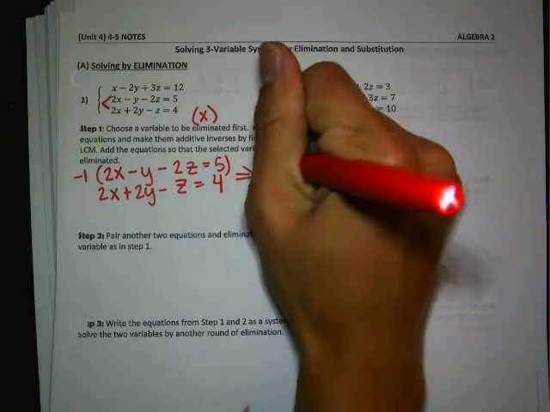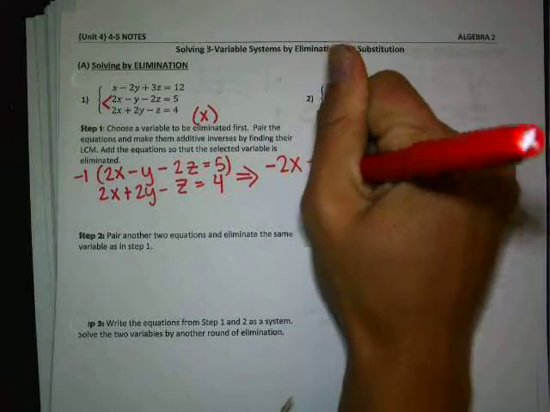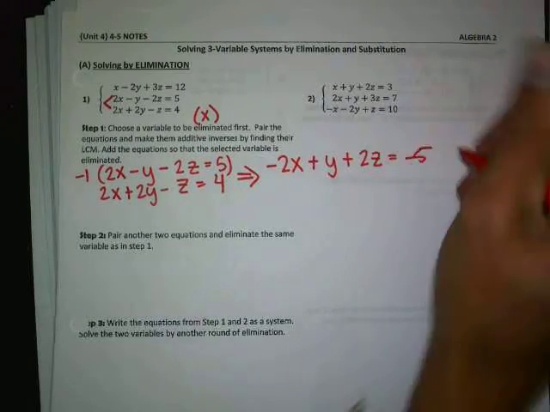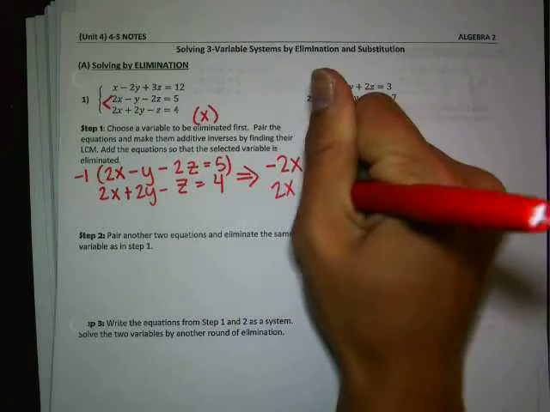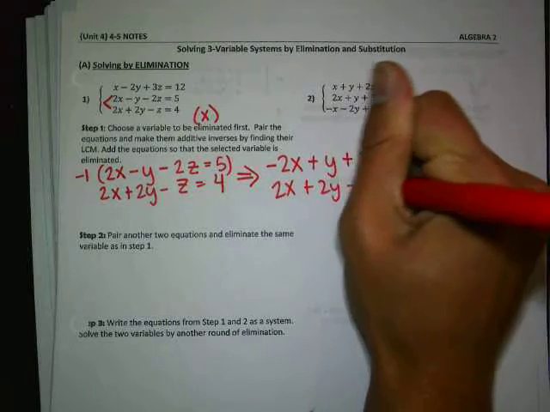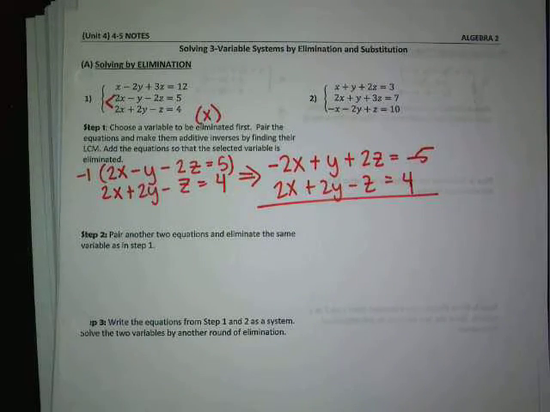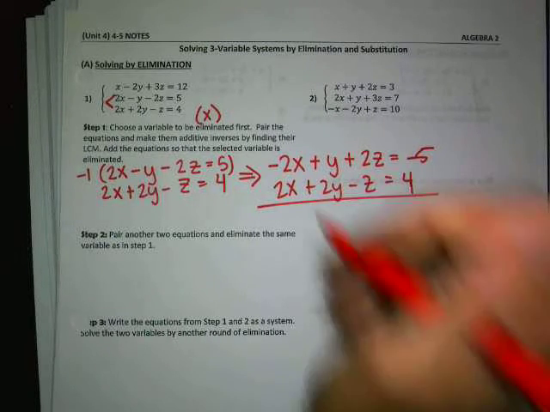So negative 2x plus y plus 2z equals -5. And on the bottom, 2x plus 2y minus z equals 4. All right, so what happens to my x's? They cancel out.